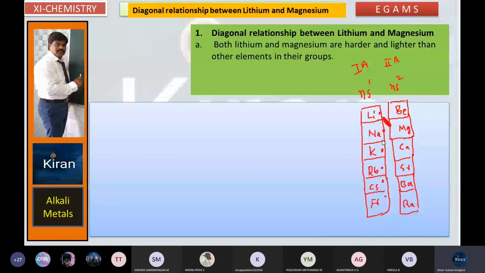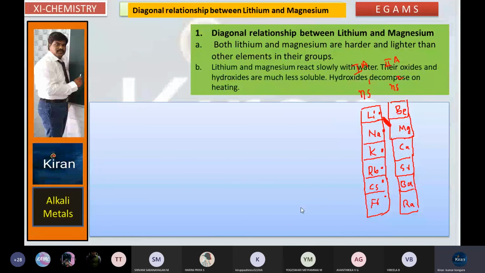Both lithium and magnesium are harder and lighter than other elements in their group. We just studied that lithium is one of the hardest metals compared with other alkali metals. In the same way, magnesium and lithium are also harder. It means both have similar characters. Diagonal relation means similar characteristic properties. Lithium and magnesium react slowly with water.